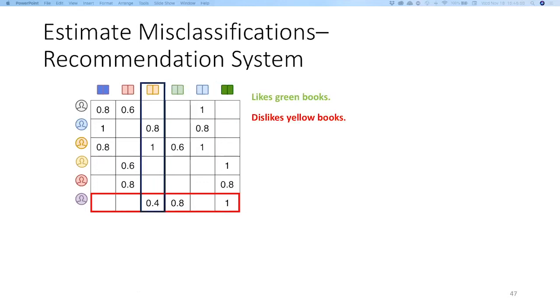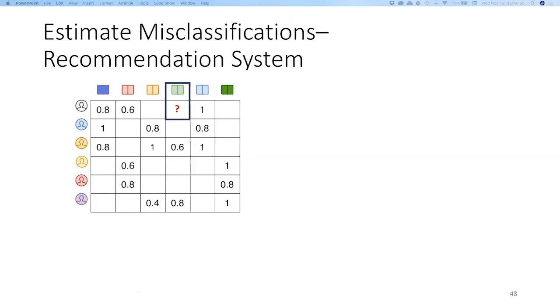On the other hand, they do not like yellow books because they have rated them pretty low. Now, a service such as Amazon would be interested to see if it's worth recommending the green book to user 1. This is because they would want to show books that the user would likely buy.